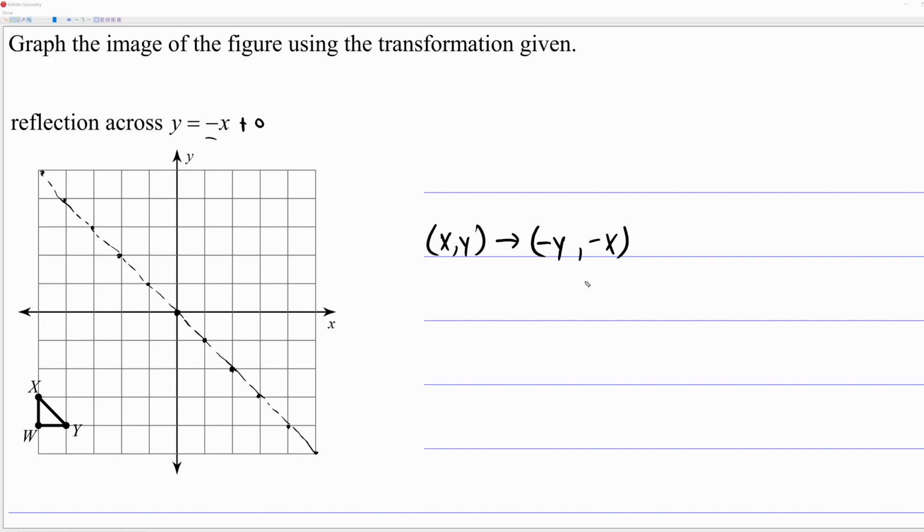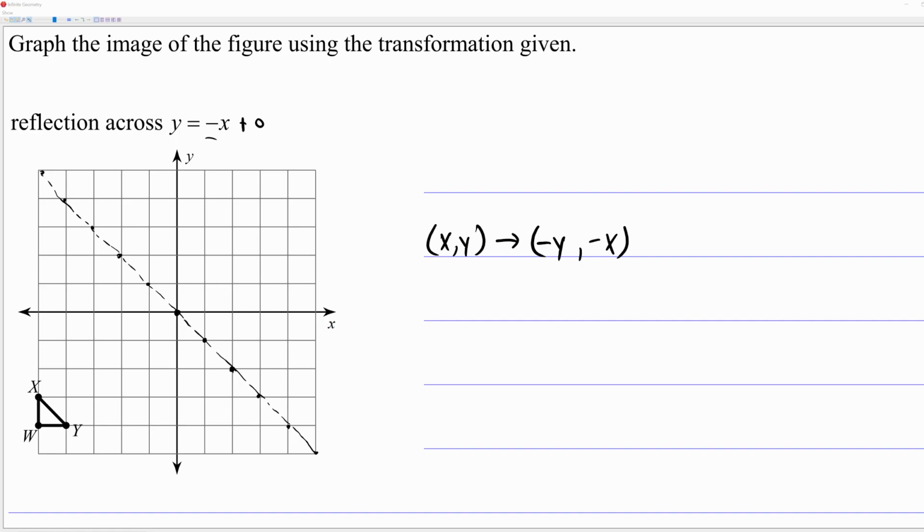Now, be aware, this negative does not mean that the points are always negative. You're multiplying whatever y was by negative 1. So if y was negative, when you multiply it by negative 1, it becomes positive. So just like I said the first time, you switch the two numbers, and then you change their sign.